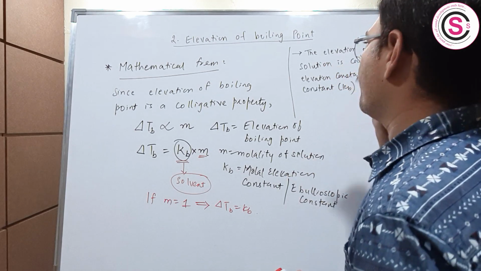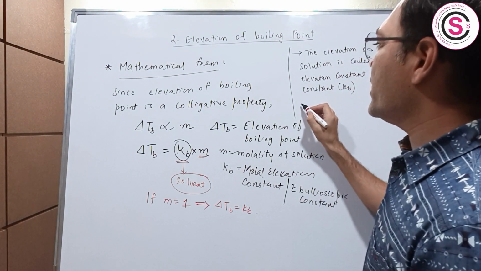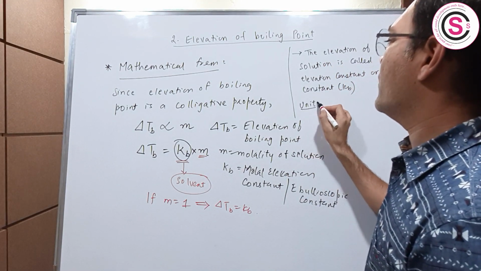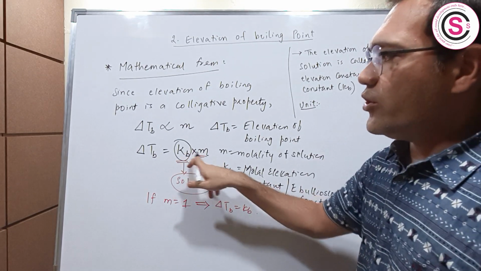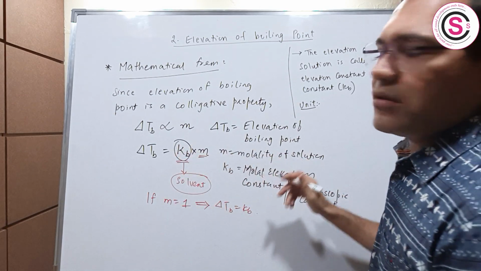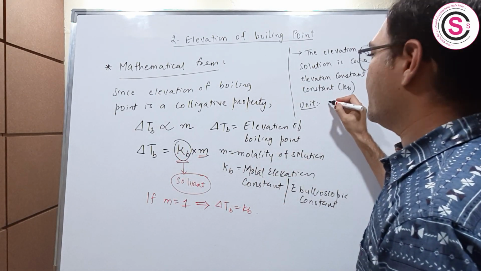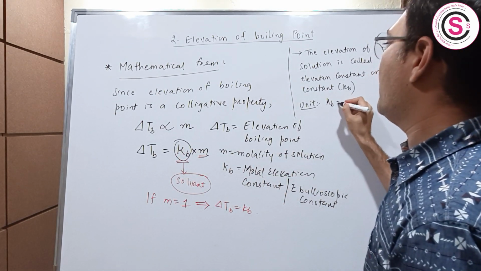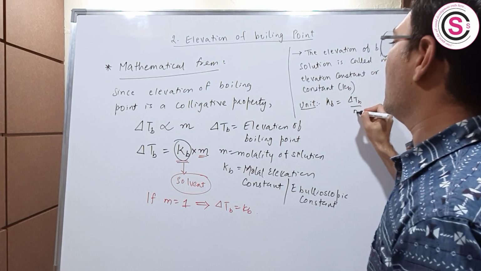I hope the things are very clear. Yes? Now, sir, what should be the unit of Kb? See, students, you can make out the unit on your own, right? We can write that Kb is equal to delta Tb upon m. Correct?